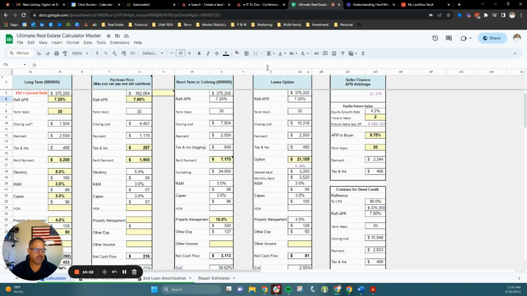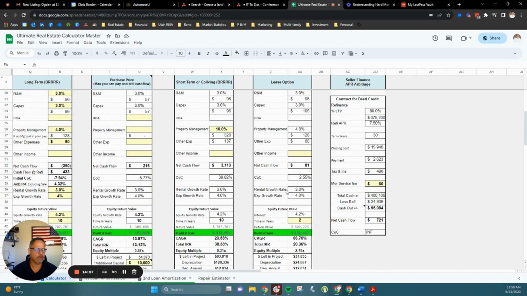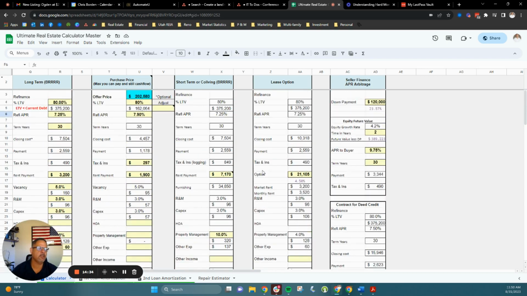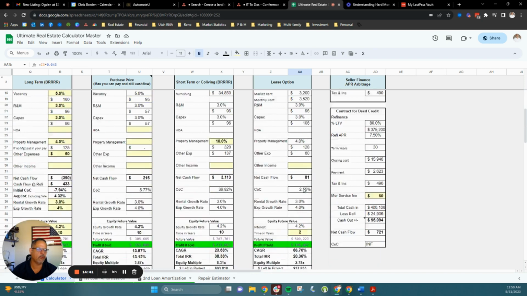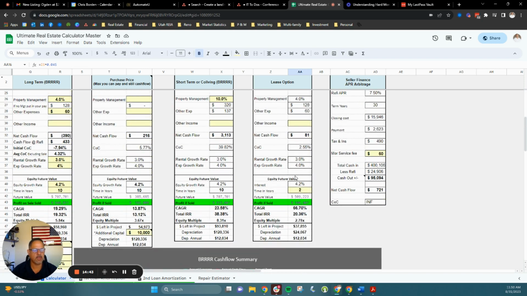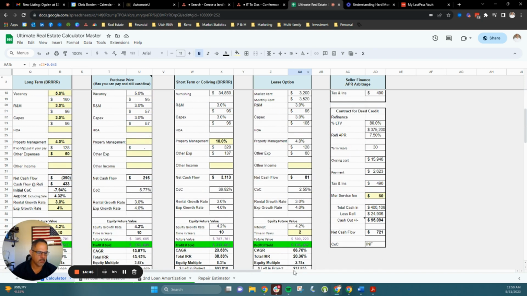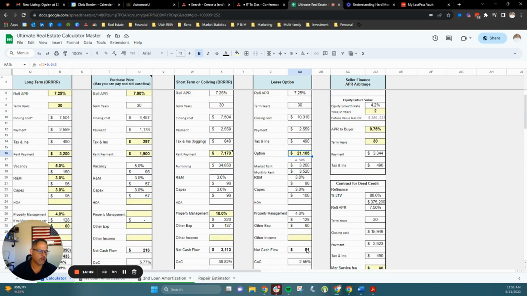The next section is lease option. Same thing, most of the information is calculated off of the long-term calculation you did earlier. All you're looking to do is put in how much I'm going to sell the option for, and in what time frame I'm going to sell the option, and it's going to calculate everything as well as your overall cash flow.